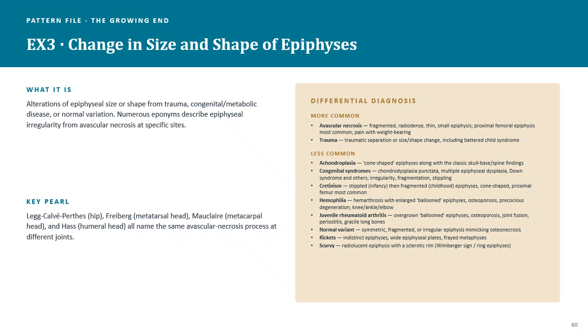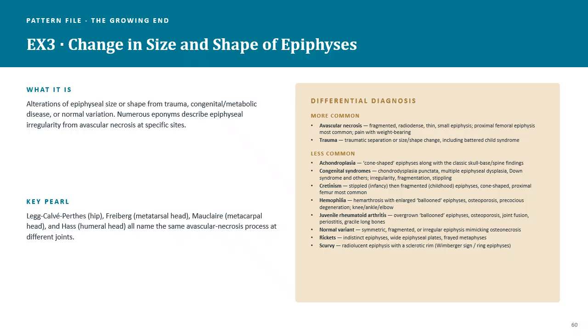One major cause, and some of you presented this either this week or last week, is avascular necrosis. This is what can happen as a result of avascular necrosis: the patient's bone is not getting enough blood supply, and it eventually dies as a result. Depending on which joint is involved, the process will have different names.